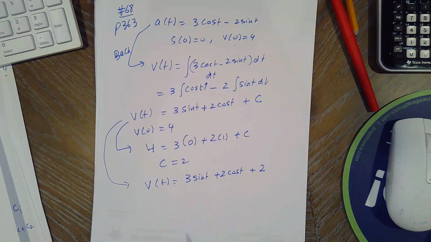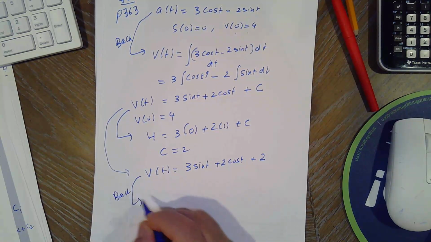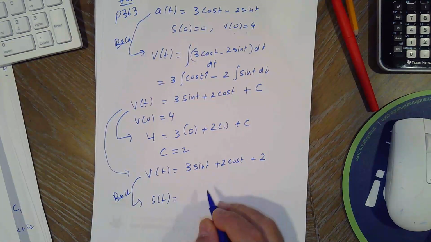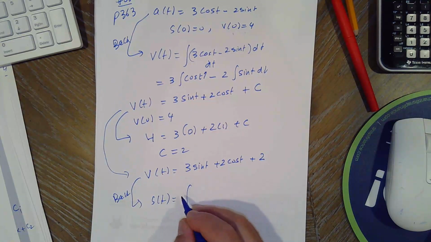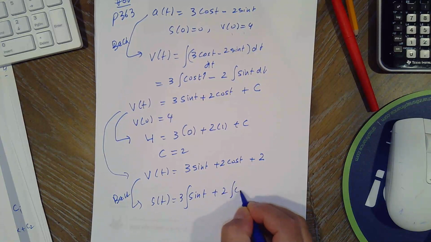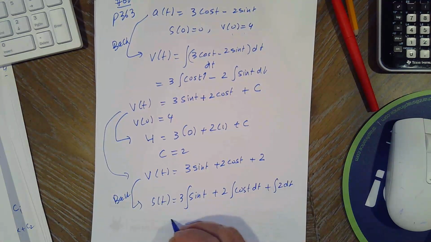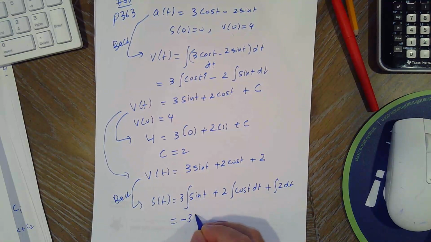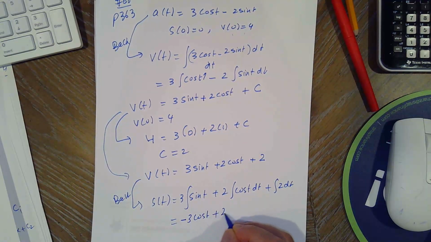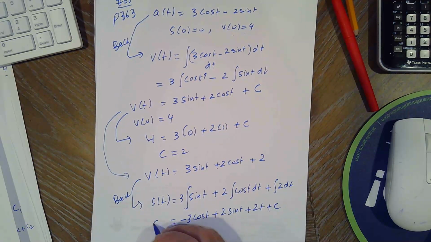Now remember, v is not our final step, it's s, so go back again. s of t is the antiderivative of v, which is 3 times the antiderivative of sine t plus 2 times the antiderivative of cosine t plus the antiderivative of 2 dt. So negative 3 cosine t plus 2 sine t plus 2t plus c.